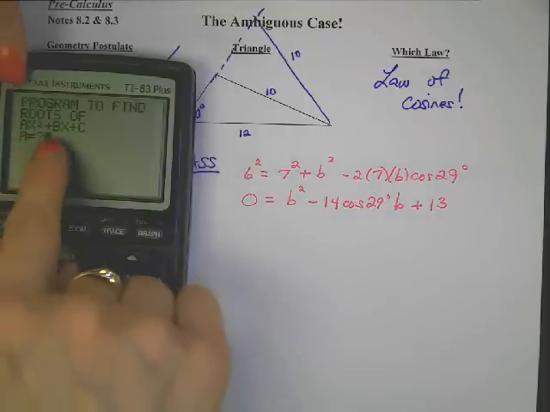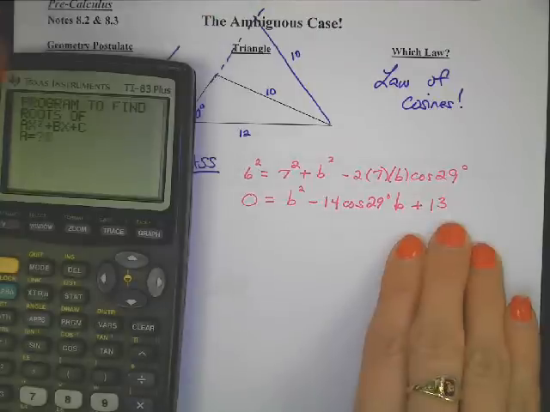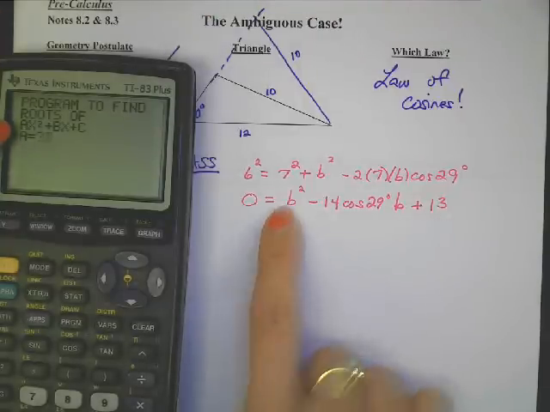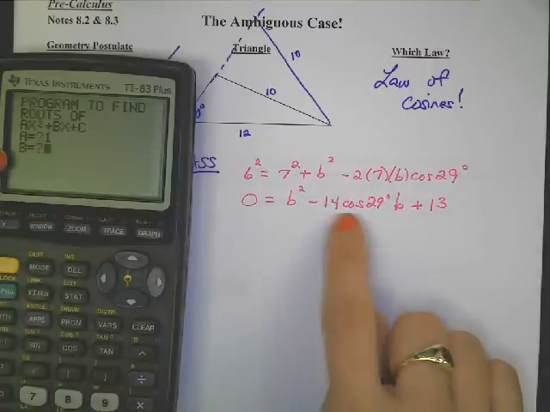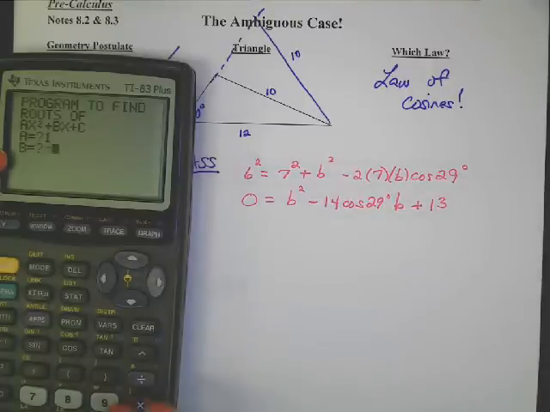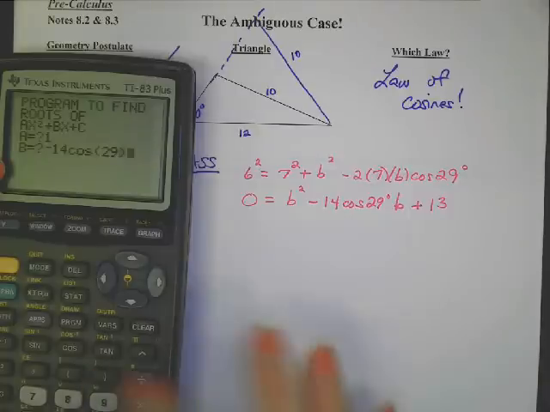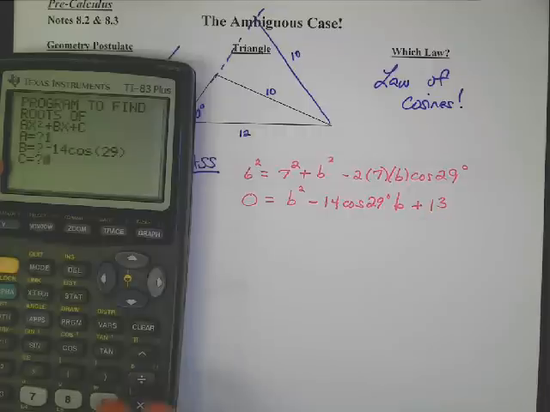If it's ax squared plus bx plus c, which we've done, we've put it in descending order. The a number is a 1, so you type 1, enter. Now it wants to know b. The coefficient in front of b is negative 14 cosine of 29 degrees. Make sure you're in degree mode before we start all this. And c is 13.